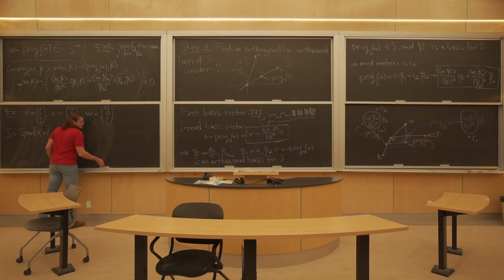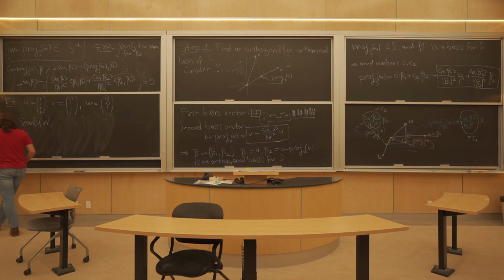First, let me ask, what is the dimension of S? Yeah, S is the span of these two vectors. What is the dimension? Because these are linearly independent.